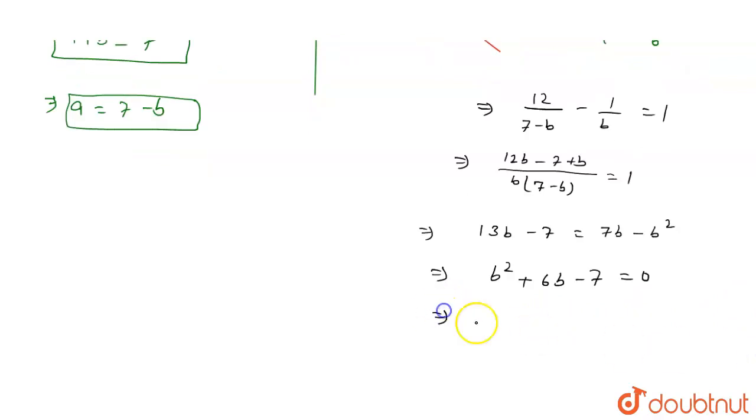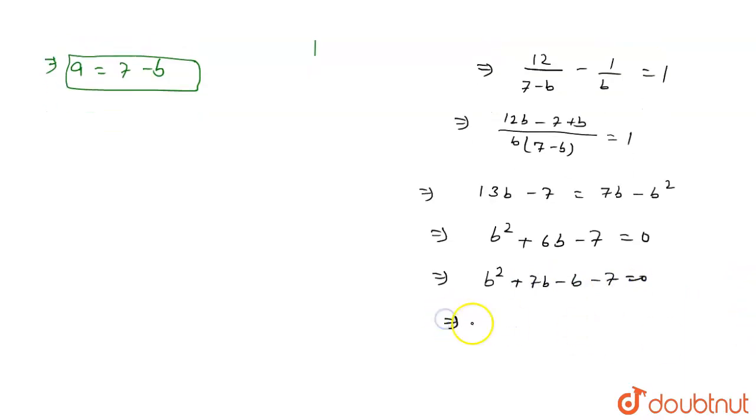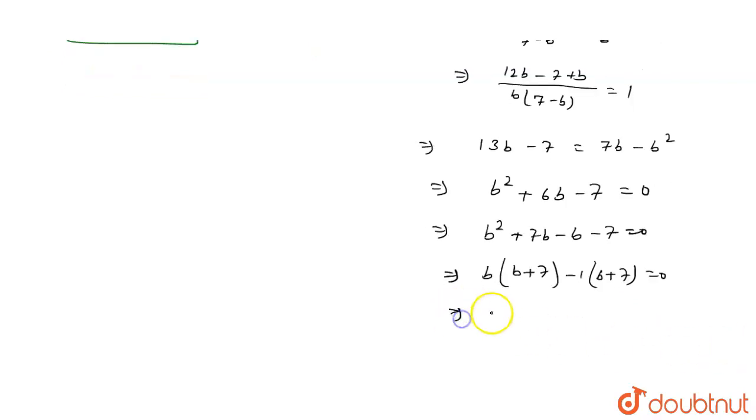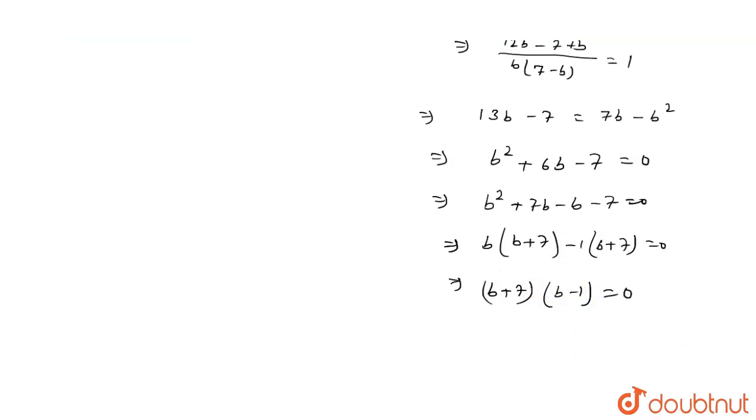And if you solve this quadratic equation, b square plus 7b minus b minus 7 is 0, right? Or you can say b is common, b(b plus 7) minus 1(b plus 7) is equal to 0. And now b plus 7 is common, this will be (b plus 7)(b minus 1) equals 0.